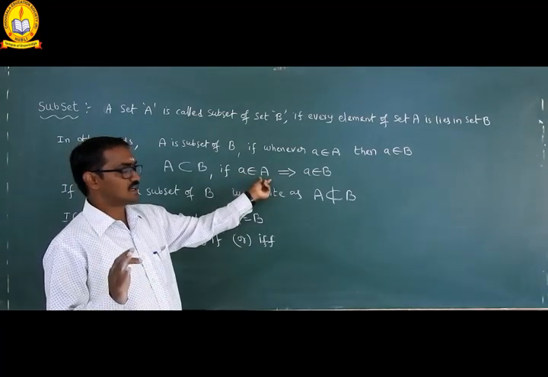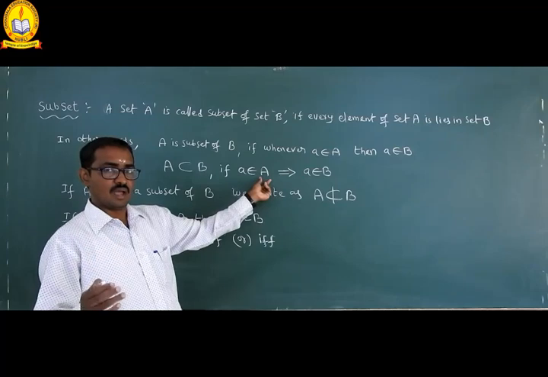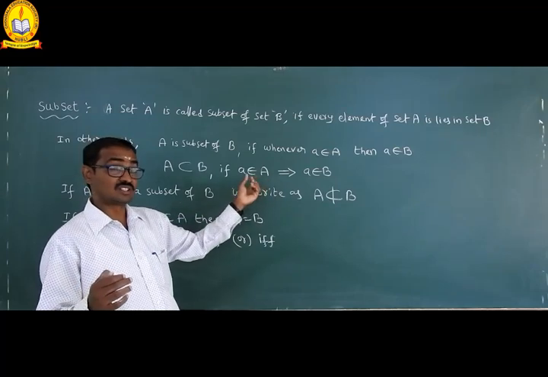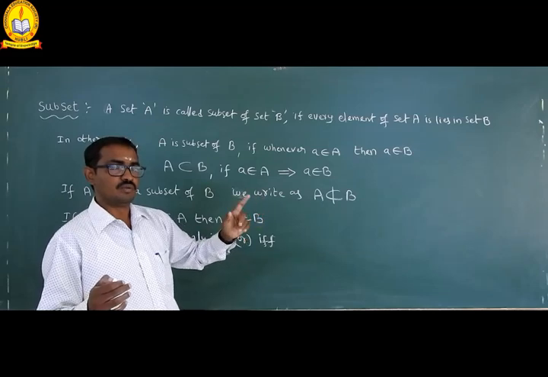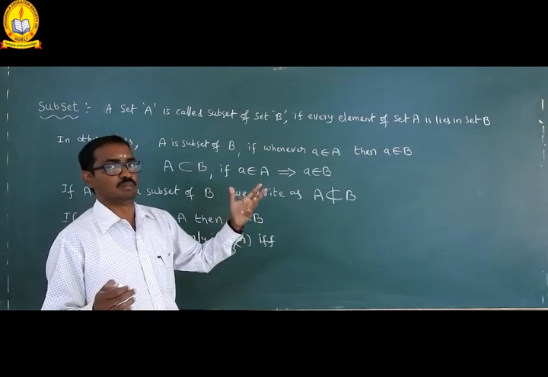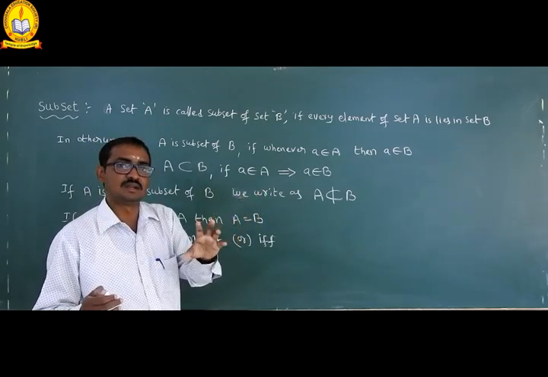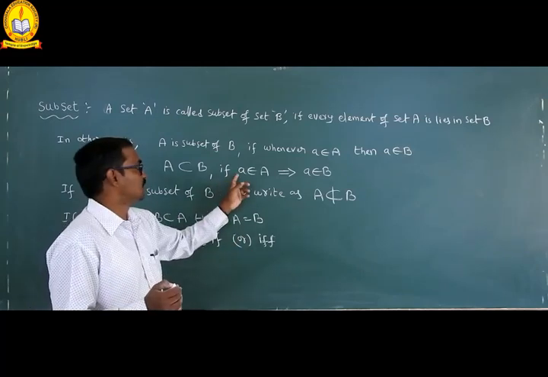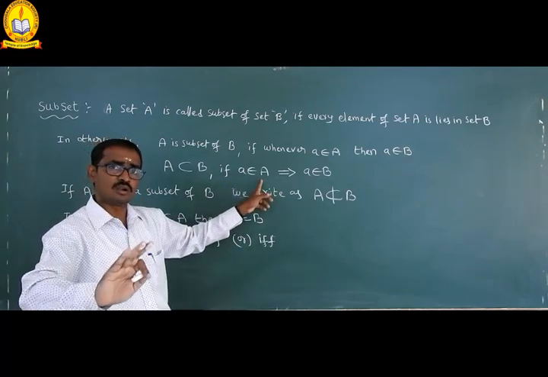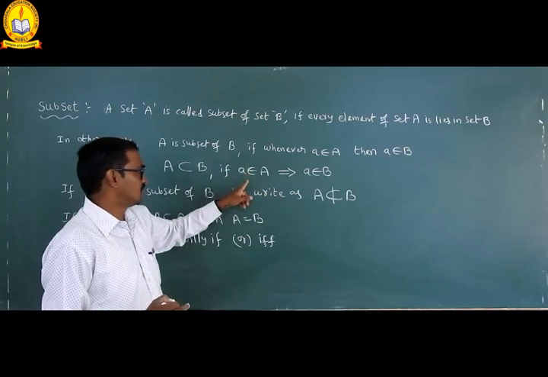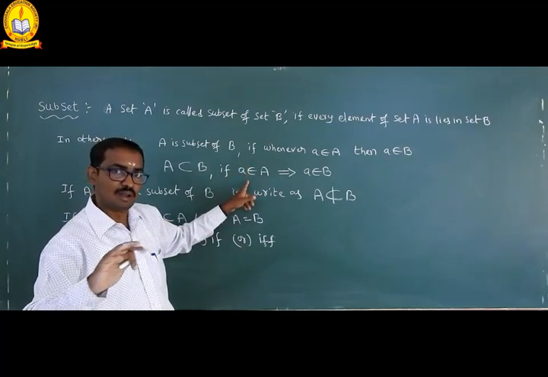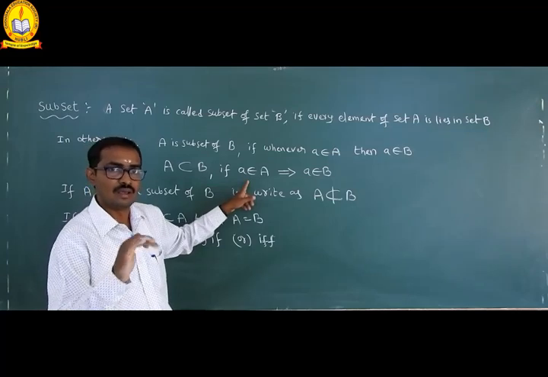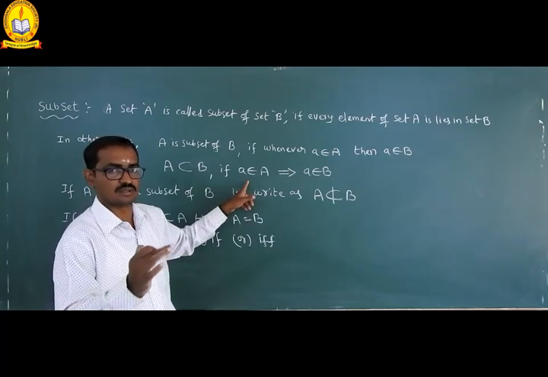For denoting sets we use capital letters, and for denoting elements we use small letters. The relation between element and set uses the symbol belongs or does not belong. Suppose the element lies in set A, it belongs to A. If the element does not belong to the set, we write a does not belong to set A.